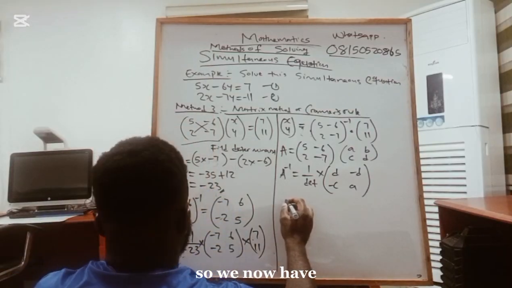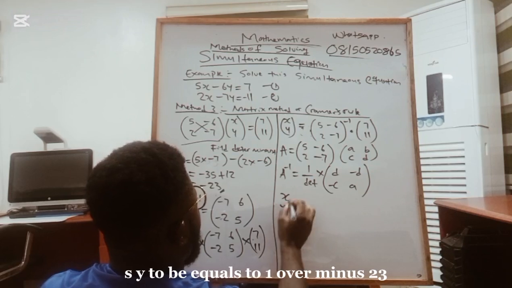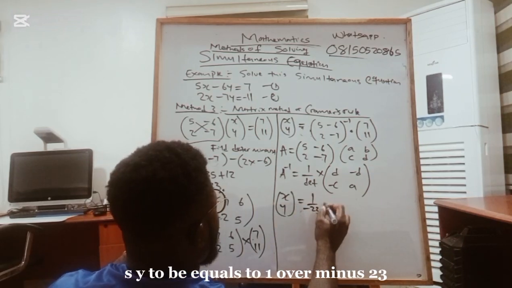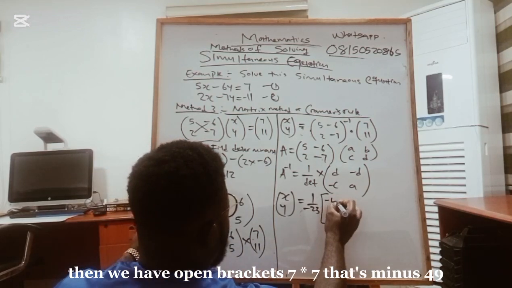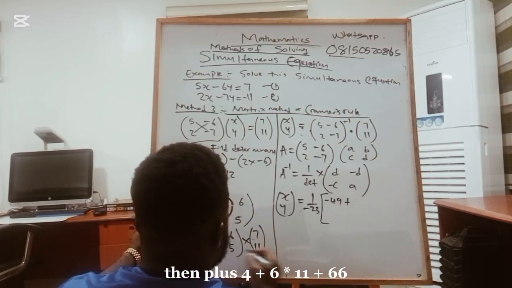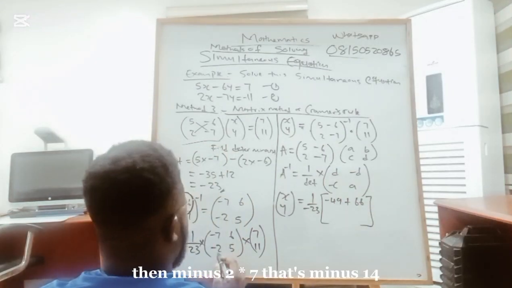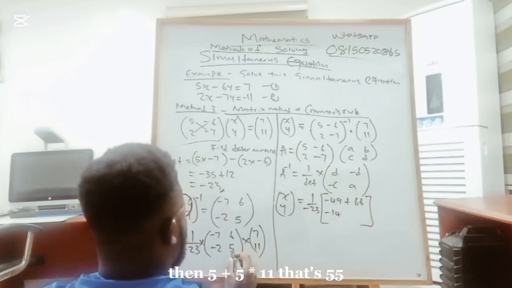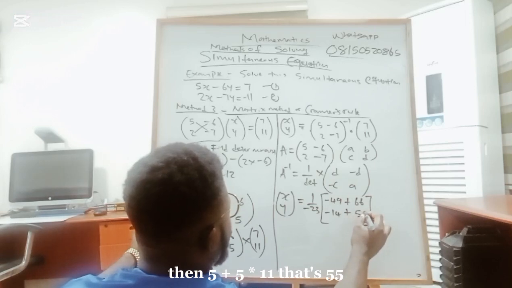So we now have x, y equals 1 over minus 23, then we have open bracket, 7 times 7, that's 49, then plus 6 times 11, that's 66, then minus 2 times 7, that's minus 14, then 5 times 11, that's 55.